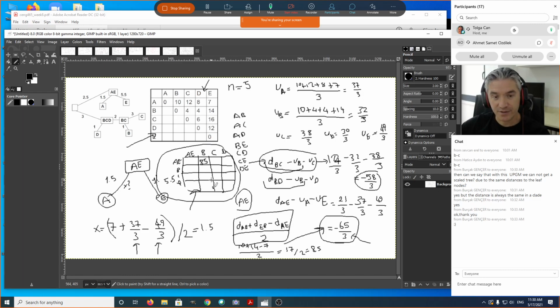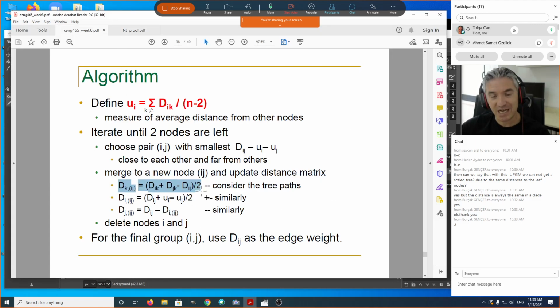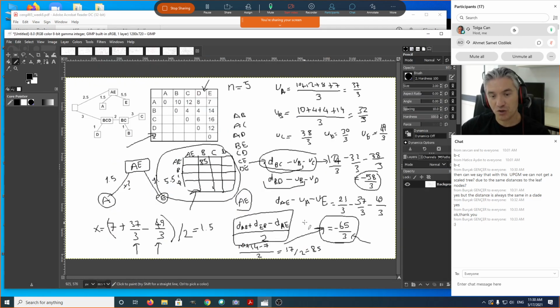Okay, the distance between clusters is found by this highlighted formula that is here. It doesn't use average linkage clustering. It uses this formula to find the distance between clusters, which just uses the path distances on the tree. All right, so that's neighbor joining.